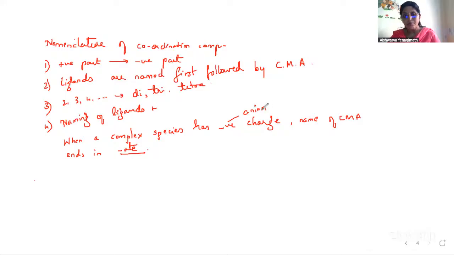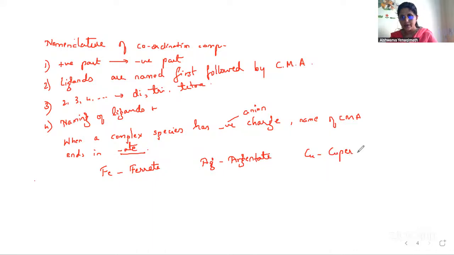For some elements you use Latin names also. For example, for Fe you write ferrate. Then if you have Ag, you don't use the term silver here. You use the term argentate. Then if you have Cu, you write it as cuprate.